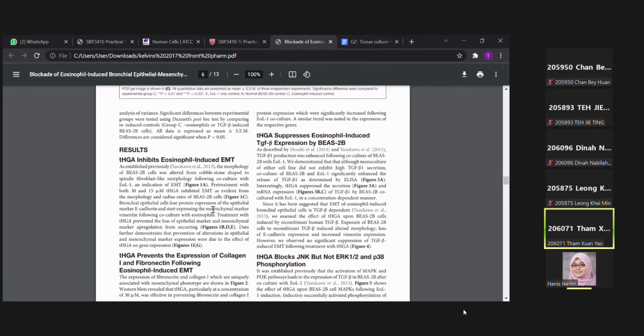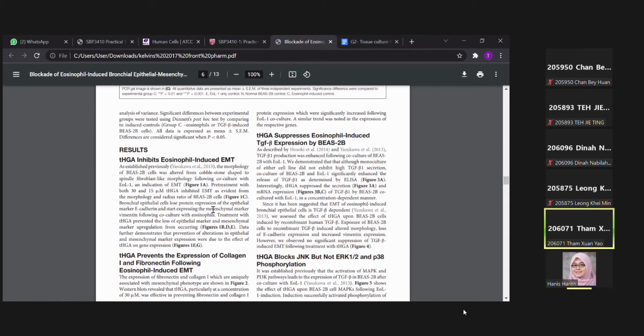The cell culture model that they choose here is eosinophil induced BS2B, because BS2B is a bronchial epithelial cell, and they are studying airway remodeling. So it's the right cell type to choose.